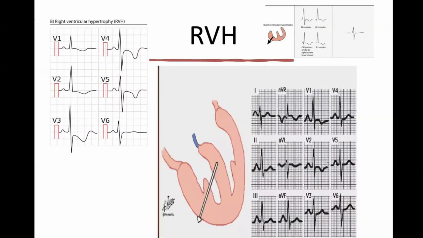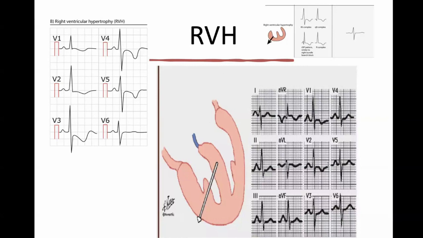For right ventricular hypertrophy, look for right axis deviation for that particular age group. Remember, right axis deviation can be normal at birth and up to 3 months of age. Tall R waves in the right-sided leads, such as V4R and V1. Are there deep S waves in the left-sided leads, so V5 and V6?